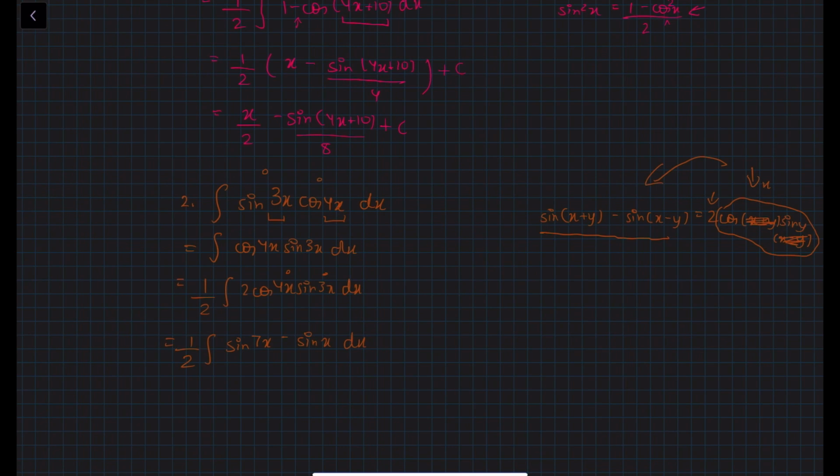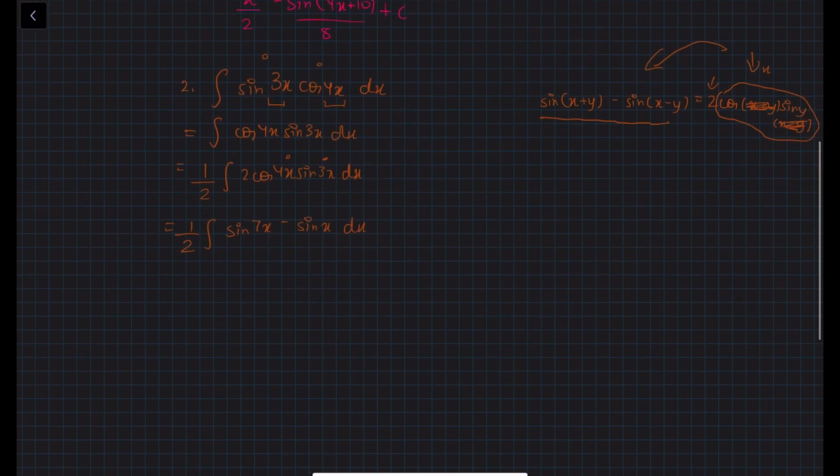Right. And now we just want to integrate separately. It's going to be negative cosine 7x over 7 because of the inverse chain rule. And similarly, that's going to be positive because of the double negative then. Because there's a negative here and that's negative cosine x. It's going to be positive cosine x plus c.